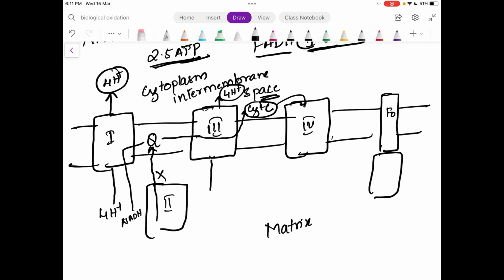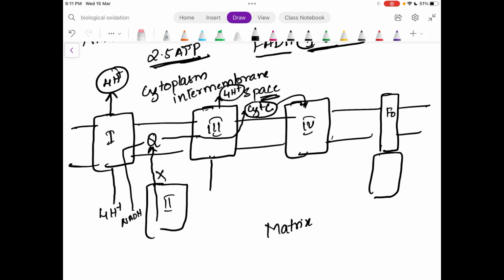From cytochrome C, electrons are passed to complex 4. In the previous lecture of part 1 of biological oxidation, we have seen in complex 4 cytochromes are utilized for formation of 2 water molecules. 4 electrons are utilized to form 2 water molecules, but NADH can transport only 2 electrons.